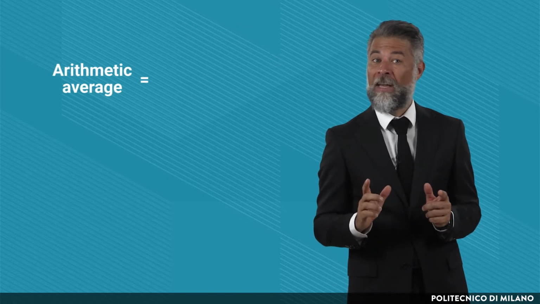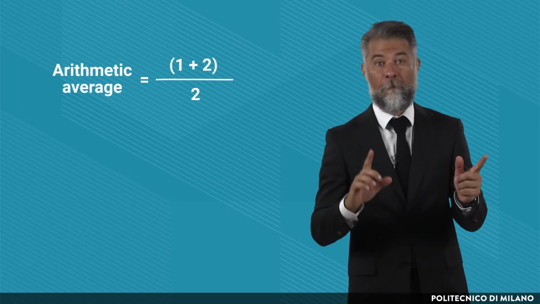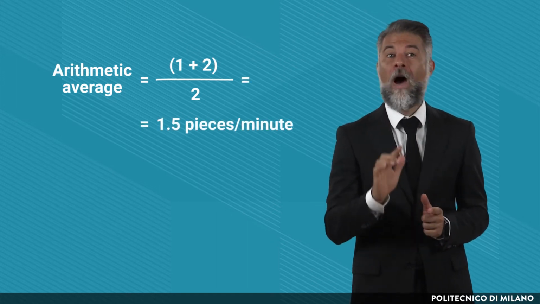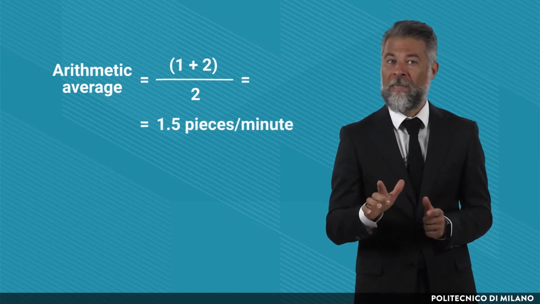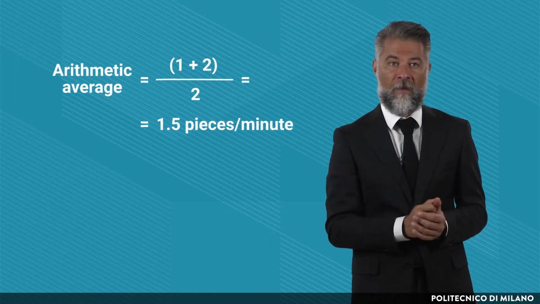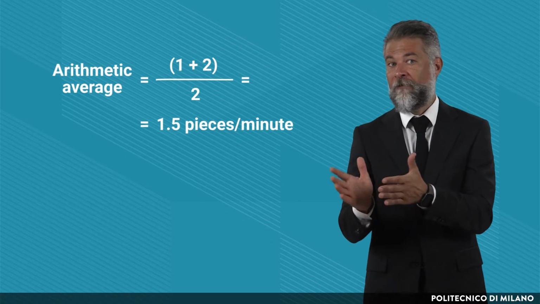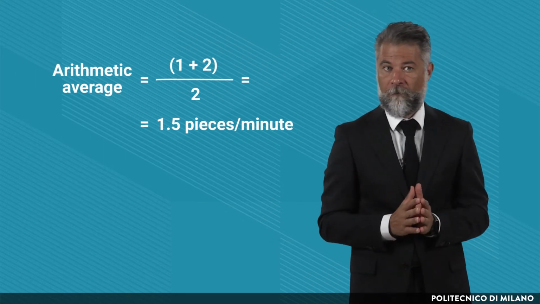I guess most of you calculated the arithmetic average as 1 plus 2 divided by 2, that is 1.5 pieces per minute, as the mix is 50% brochures and 50% flyers.